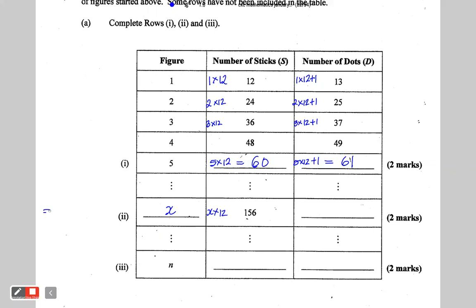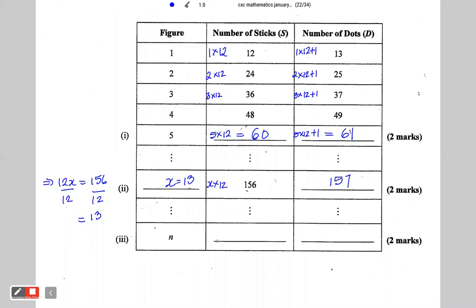So therefore, 12X is equal to 156. Divide both sides by 12. And what we're going to get is this is figure 13. So the value here is 13, and this would be 157. All you have to do is add 1.